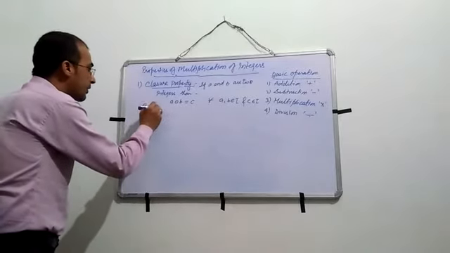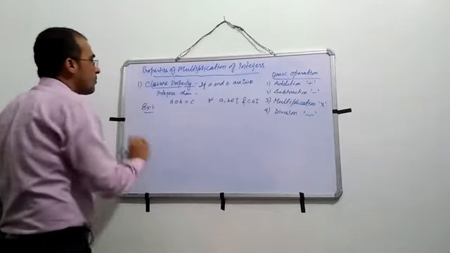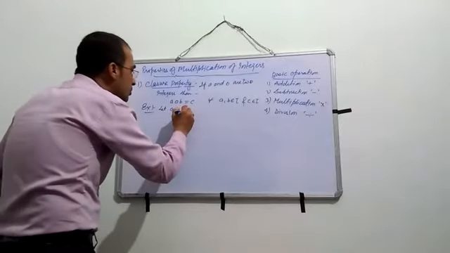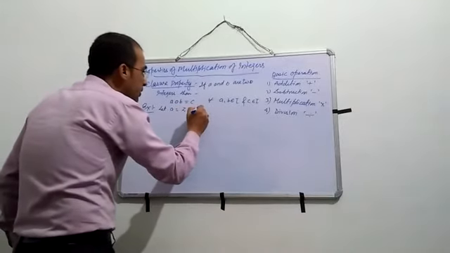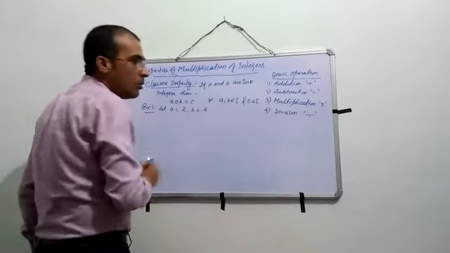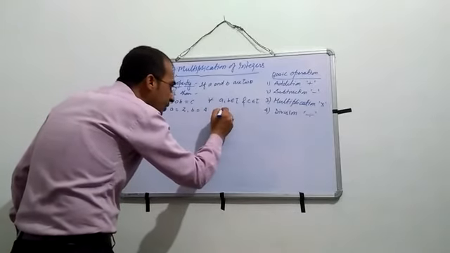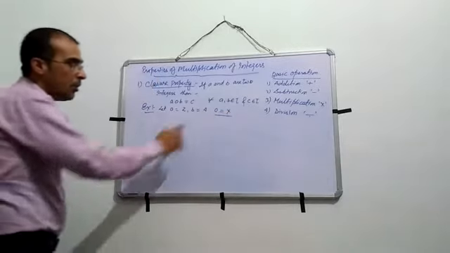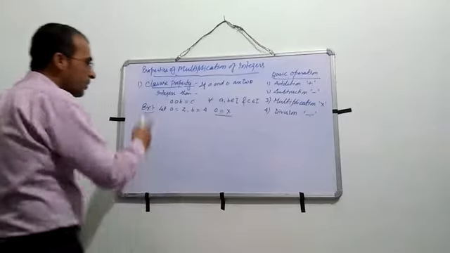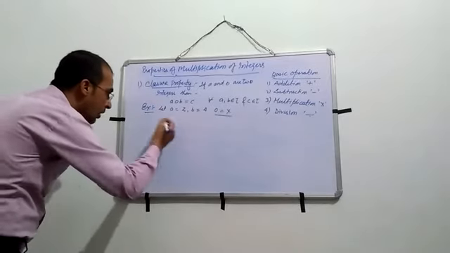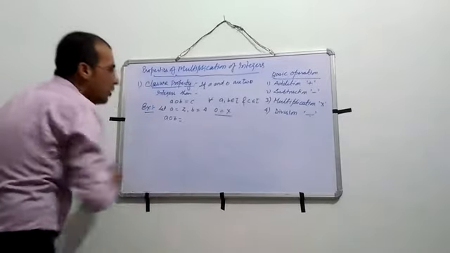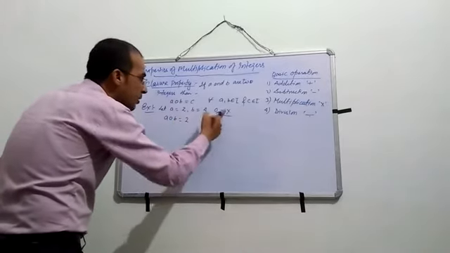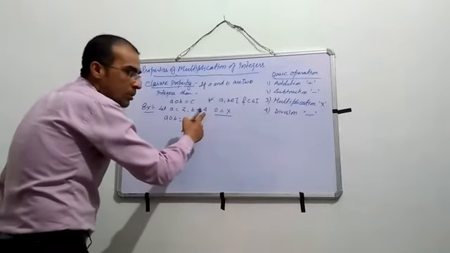For example, let A equal 2, B equal 4, and the operation is multiplication. Remember this: operation O equals multiplication. So A O B, A is 2, O means multiplication, B is 4.